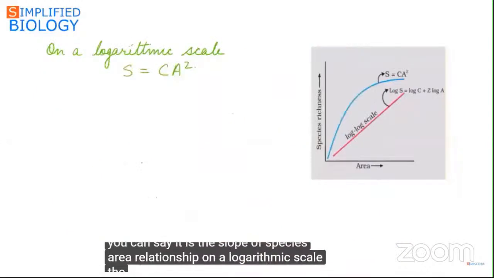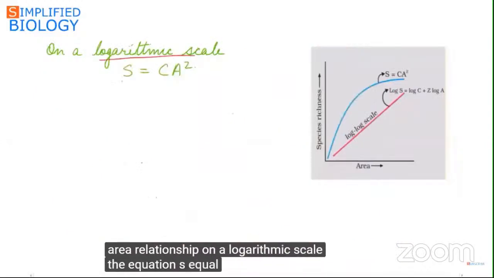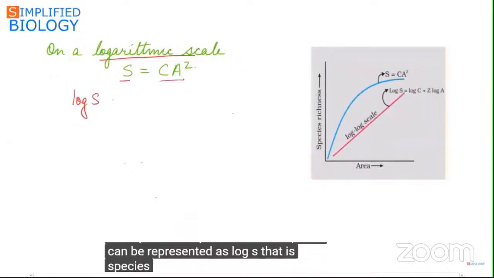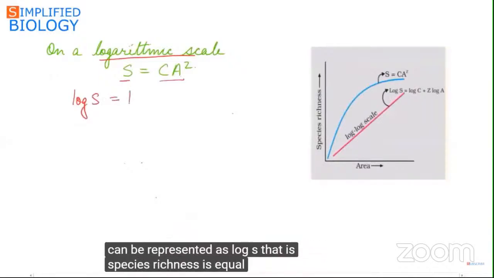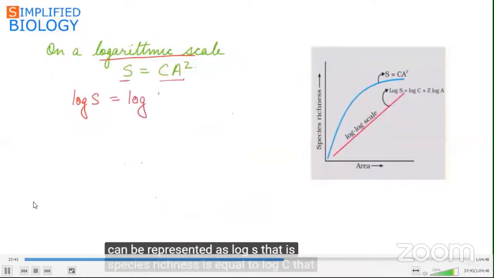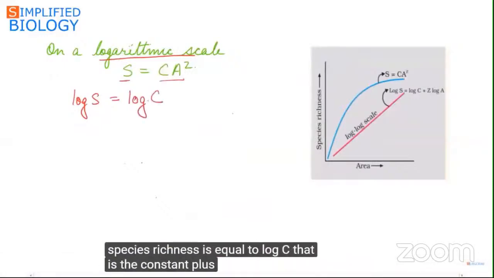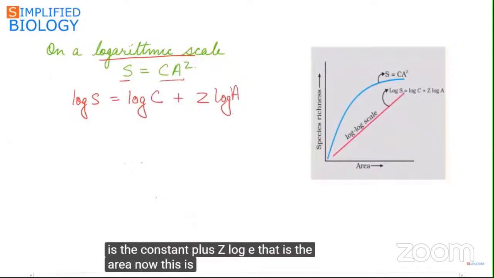On a logarithmic scale, the equation S equal to C A to the power Z can be represented as log S, that is species richness, is equal to log C, that is the constant, plus Z log A, that is the area. Now this is always a straight line.